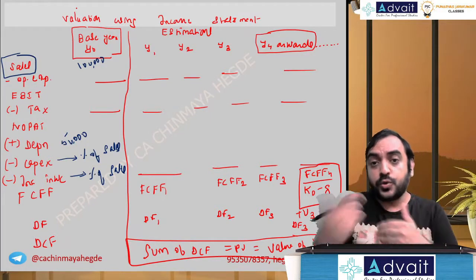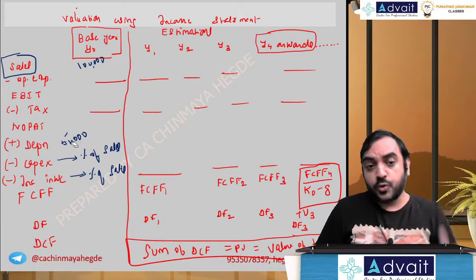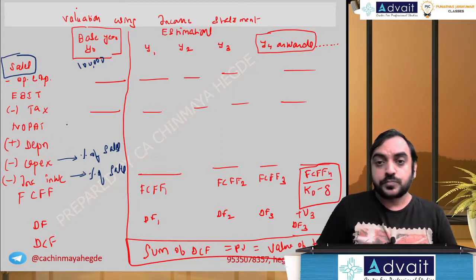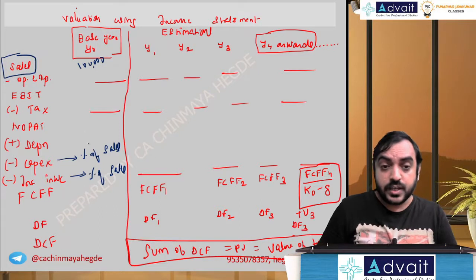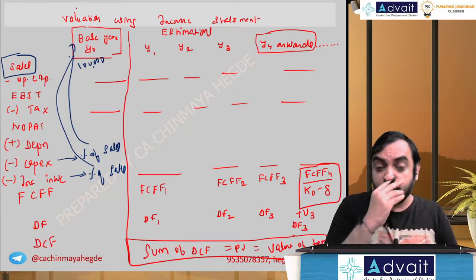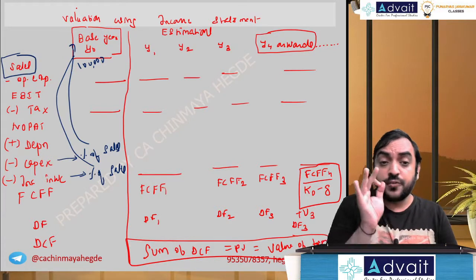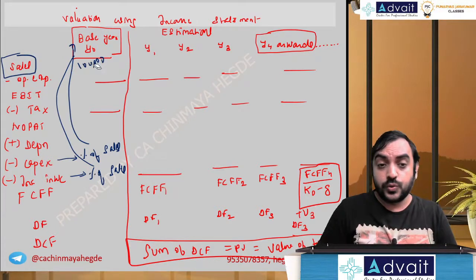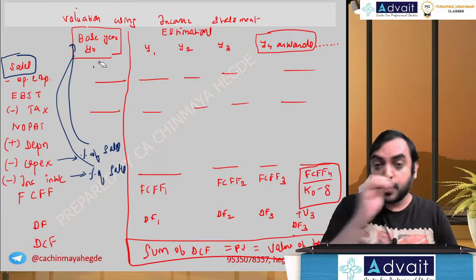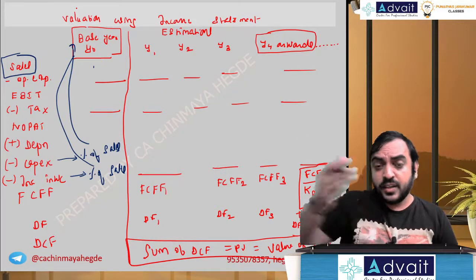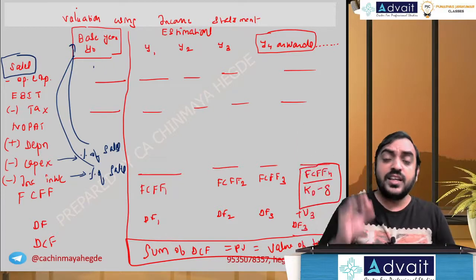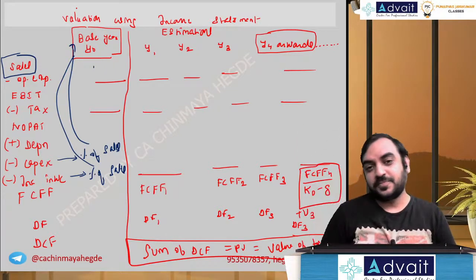And of course I'm not talking about increase in capex, I'm talking about the purchase only. That is why I have this base year column: only for arriving at this ratio, not for calculating present value. For calculating present value, we take only from year 1, year 2, year 3 onwards.